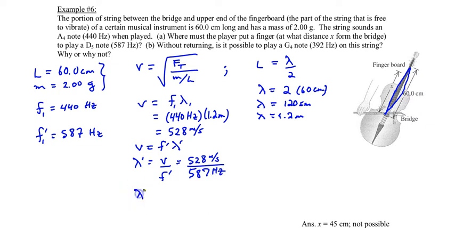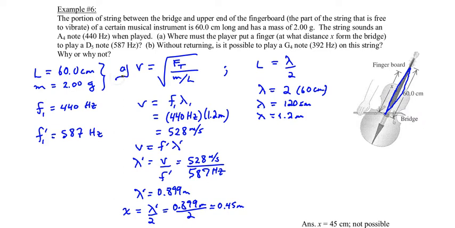And this will give us a wavelength of 0.899 meters. It's not our answer yet, because remember, we're only fitting in half of a wave. So our x distance is going to be half of that wavelength. So 0.899 meters divided by 2, which is about 0.45 meters, or 45 centimeters. So that's part A. What about part B?